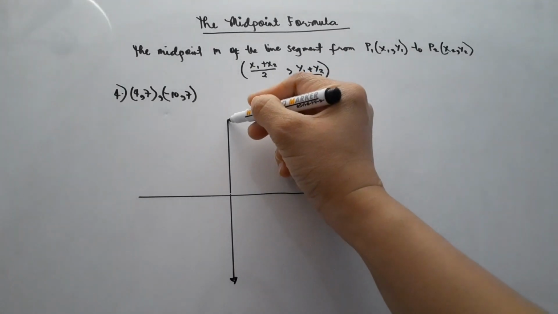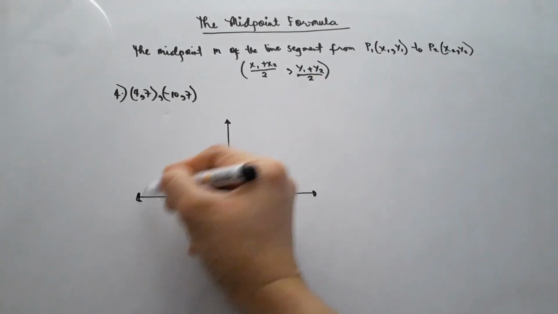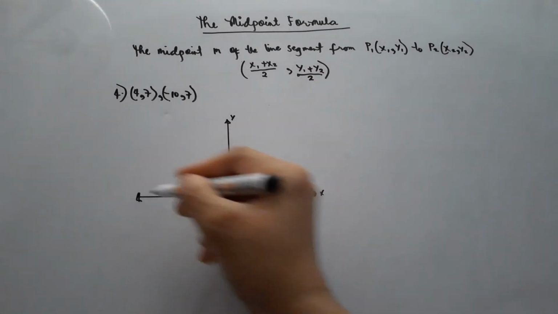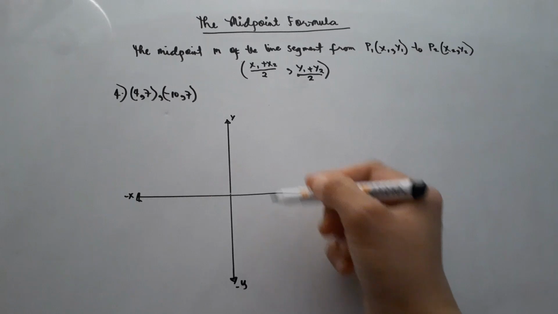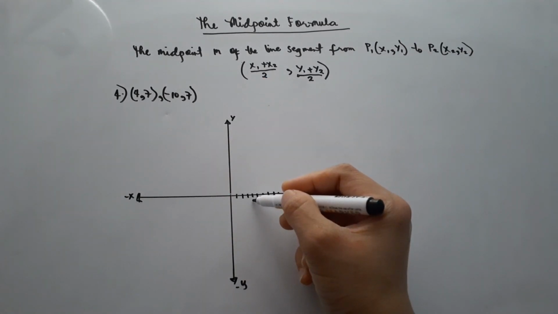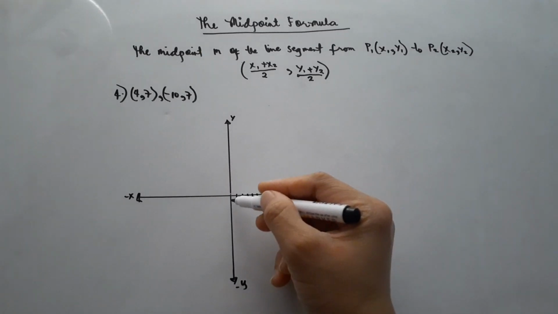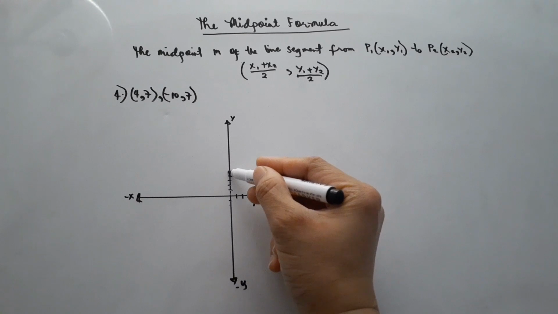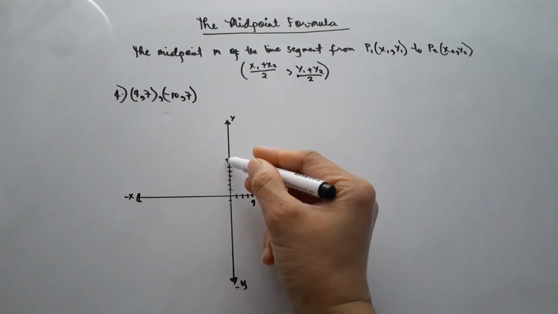We have the y and x, negative y and negative x axis. So we have to plug in here. If we look at here, we can count each unit from the origin. We have 4. So we have 4 and 7.